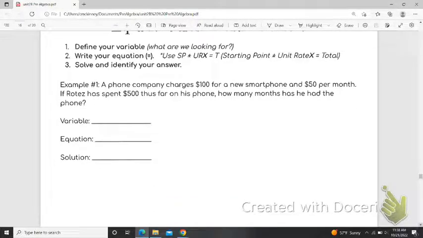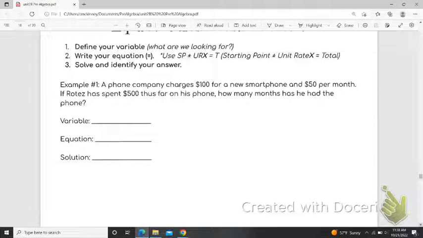And I do not mean that you tell me a variable is a letter that represents an unknown. We're going to say, for instance, that x is equal to, what are we looking for, basically answering that question. What are we looking for? For that reason, I actually start these problems at the end, because I like to begin my work with the end in mind.